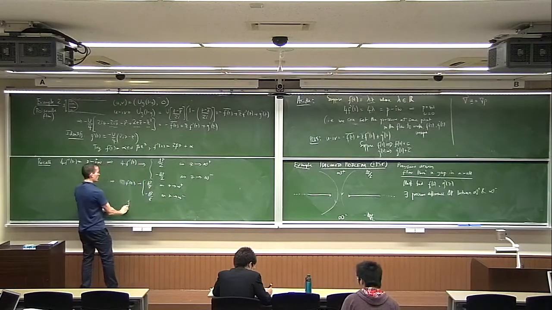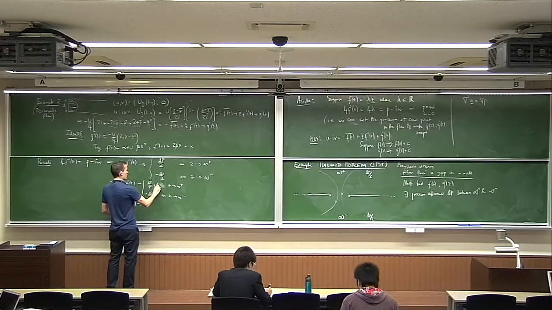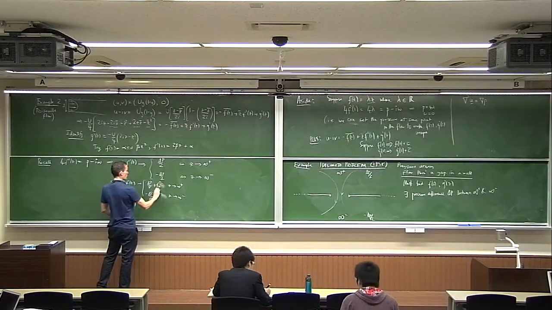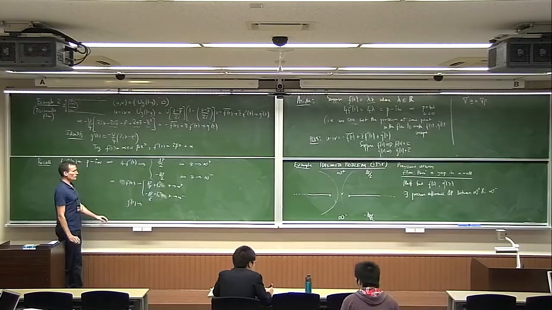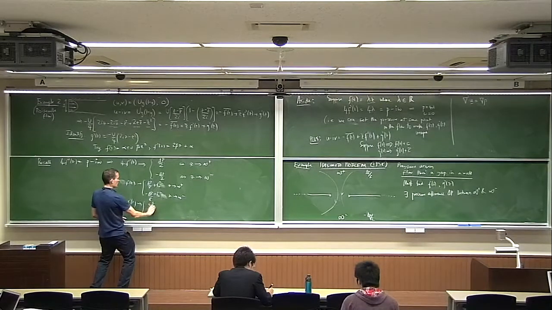And G prime tends, at worst, well, let's add some constants here. We'll call it f naught plus and f naught minus, and then G prime tends to some constants.